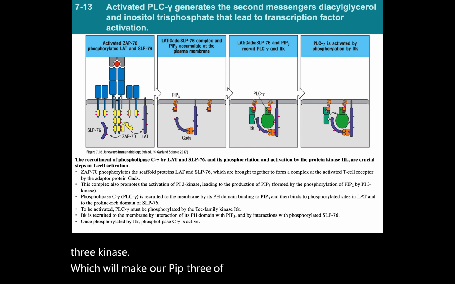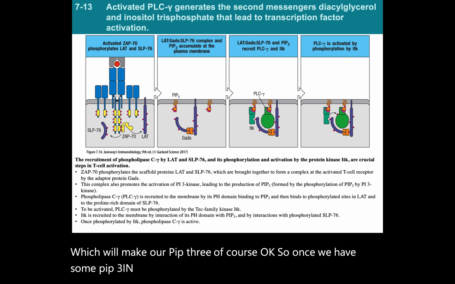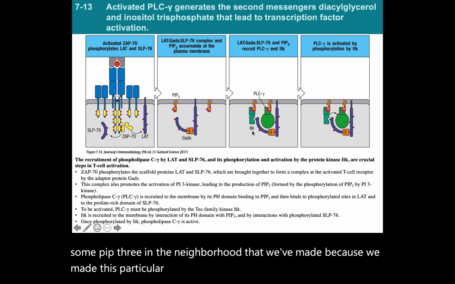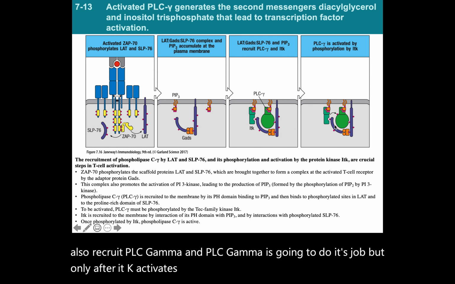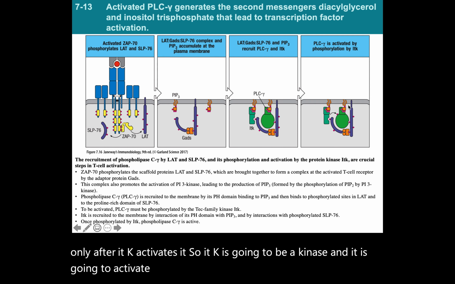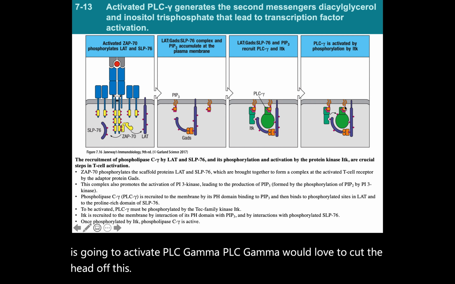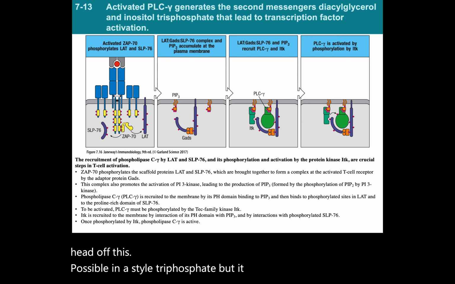Okay, so once we have some PIP3 in the neighborhood, because we made this particular complex, now we can recruit ITK, and we can also recruit PLC gamma. And PLC gamma is going to do its job, but only after ITK activates it. So ITK is going to be a kinase, and it is going to activate PLC gamma. PLC gamma would love to cut the head off this phosphatidylinositol triphosphate, but it can't do it until it is activated.